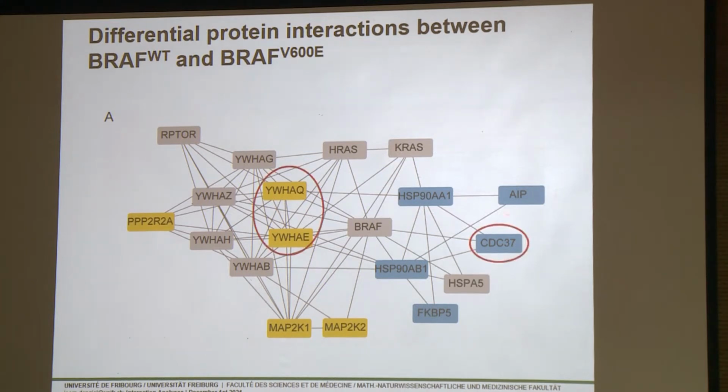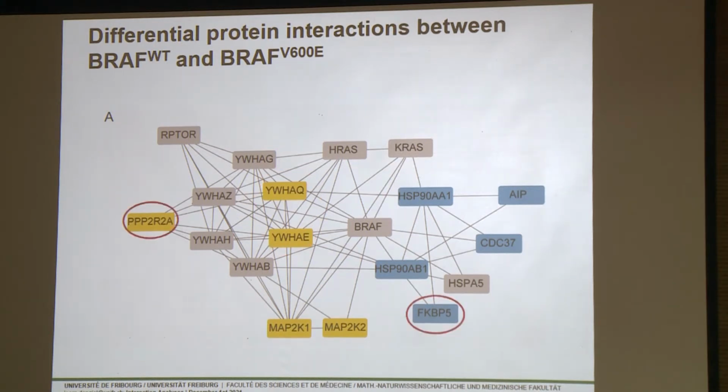And what you can see here now is that CDC37, the protein that we know co-elutes with the large complex, binds stronger to the oncogenic variant of BRAF, and the 14-3-3 proteins, at least 2 of them, which co-elute with the small complex, bind stronger to the wild-type variant of BRAF.